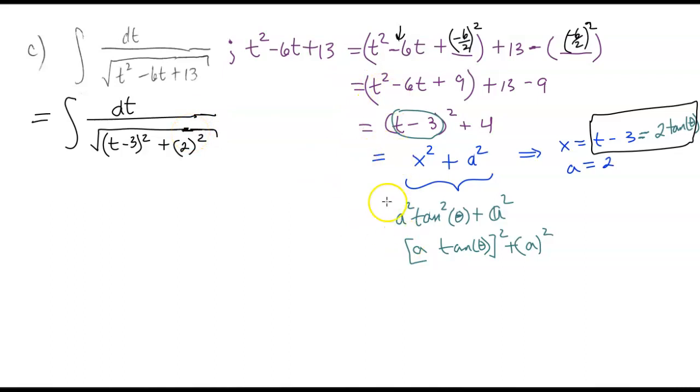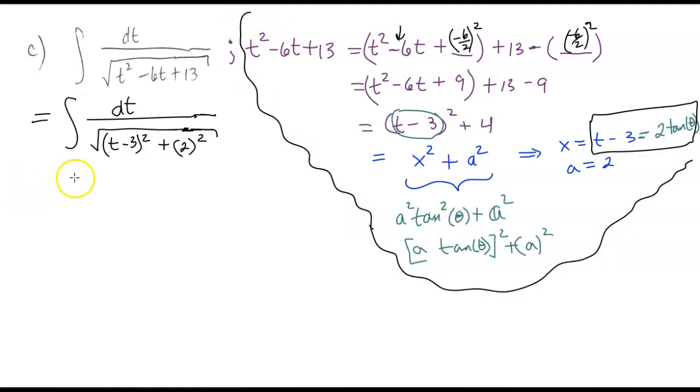And so now that we've done all this heavy lifting here, again, we know that t minus 3 is going to be equal to 2 tangent theta. And from that, we're going to replace everything else in terms of theta here. Okay. So I'm going to go ahead and kind of section this off here, and then just continue to work on this problem.